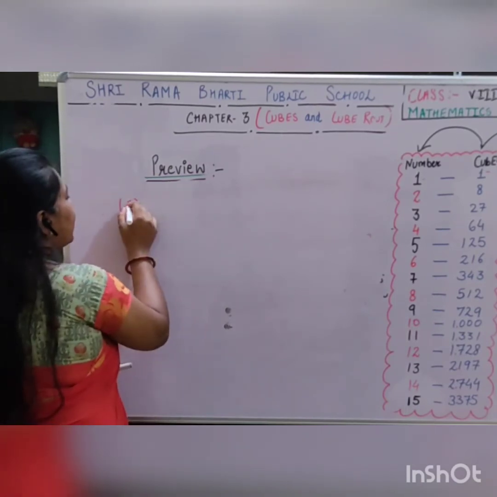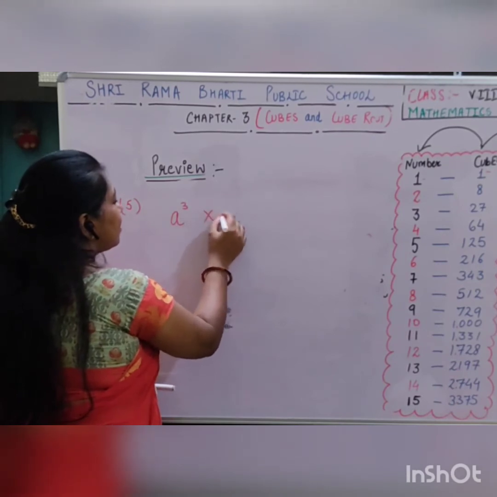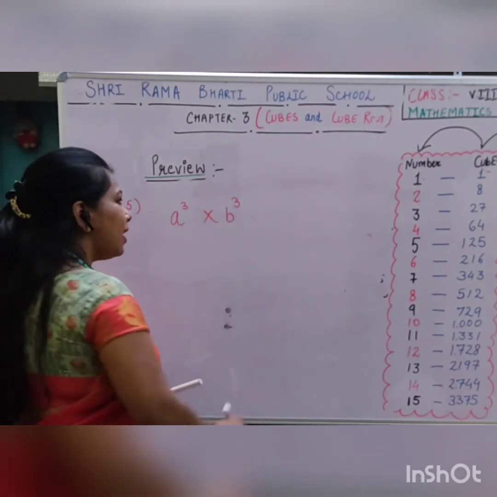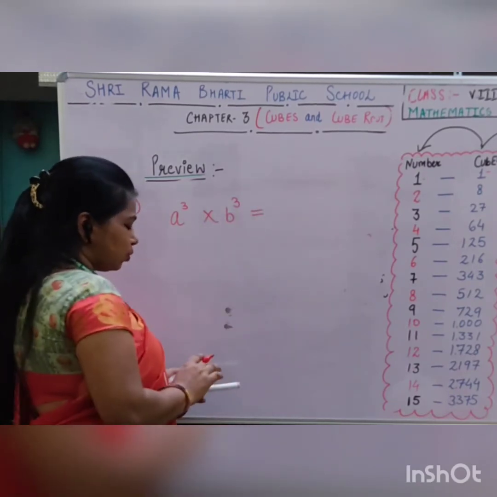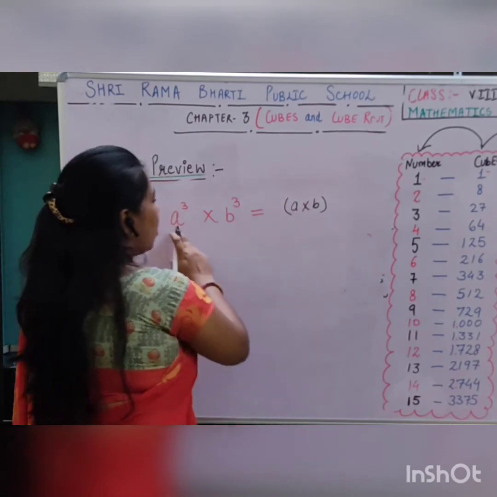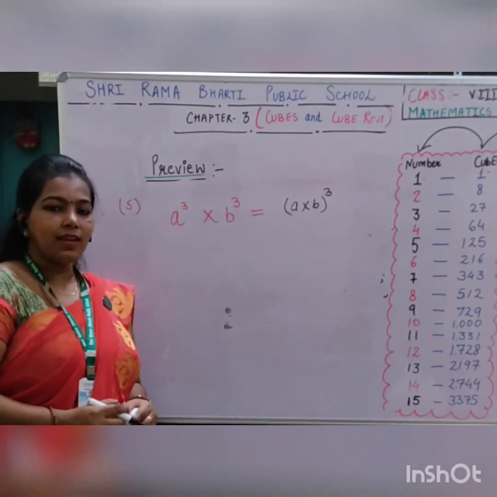Now the last property says that if I am multiplying the cubes of two numbers, then it will be equal to the cube of the product of the numbers. I am repeating again.